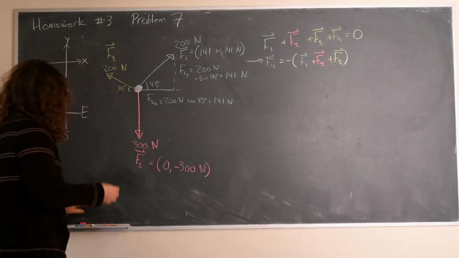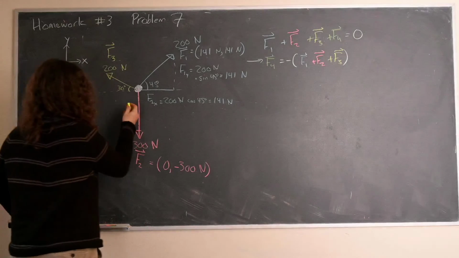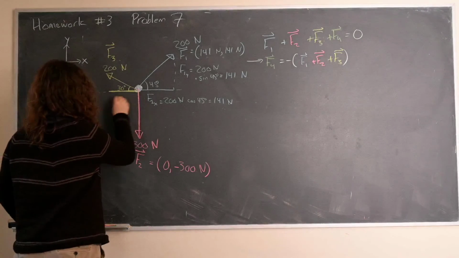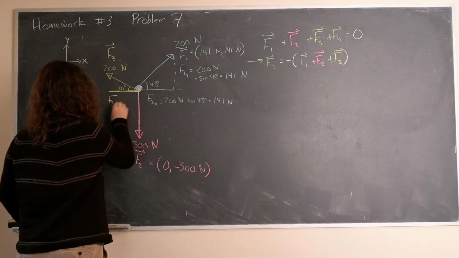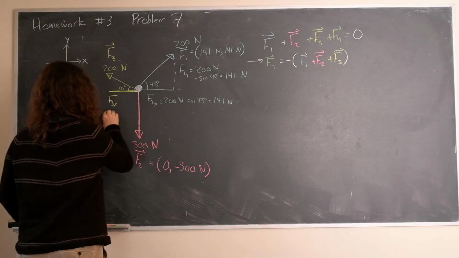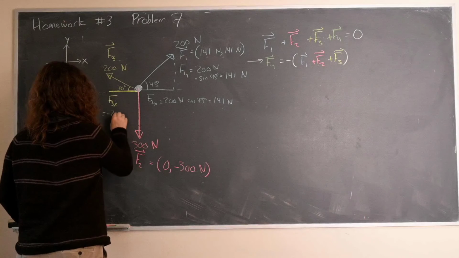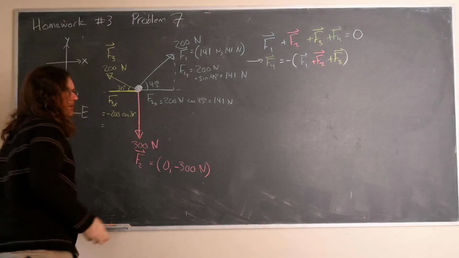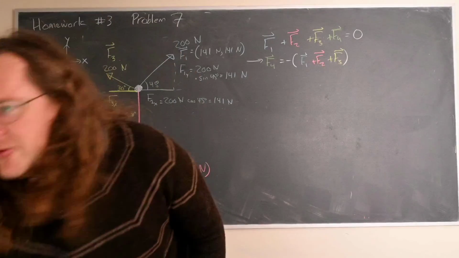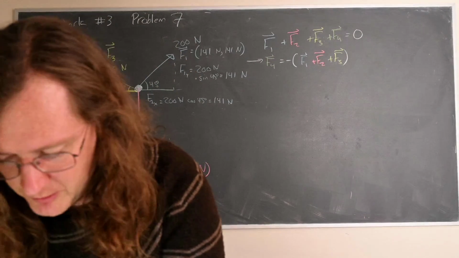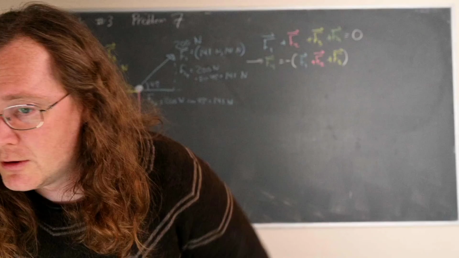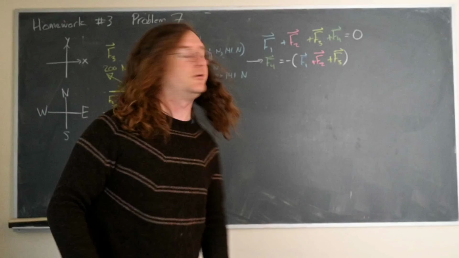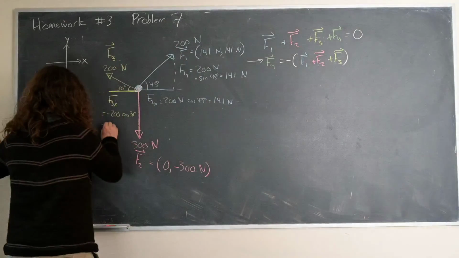F3, let's see, F3x is going to be minus 200 cosine 30 degrees. I don't remember that off the top of my head, so please forgive me a Google. That's 173.